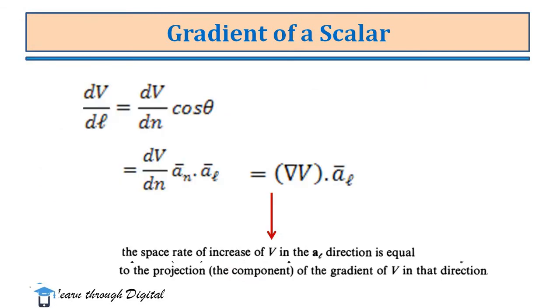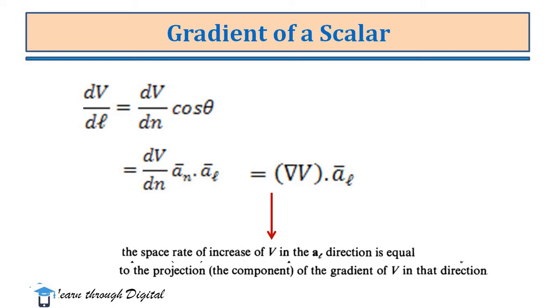So cos theta can be written as an vector dot al vector. So, dV by dn cos theta can be written as dV by dn an vector dot al vector. dV by dn an vector is nothing but the gradient of V. So therefore, the directional derivative dV by dl is equal to gradient of V dot al vector.